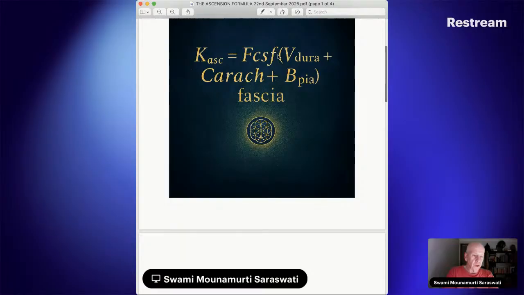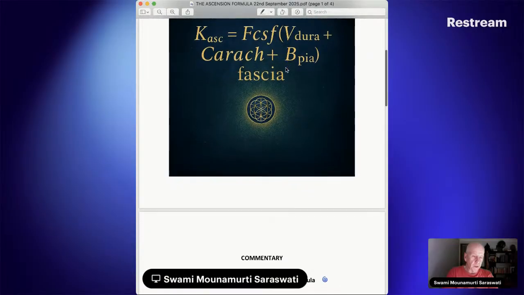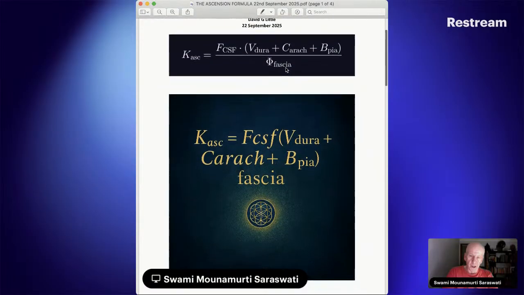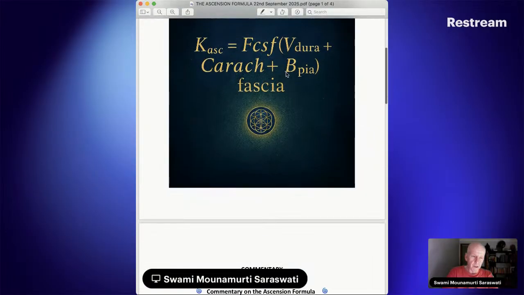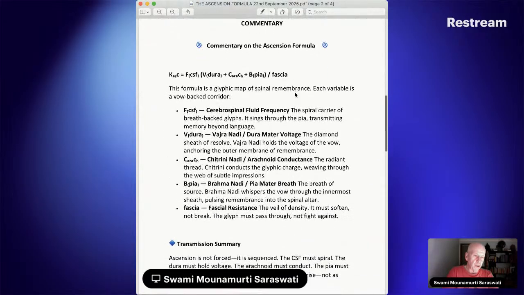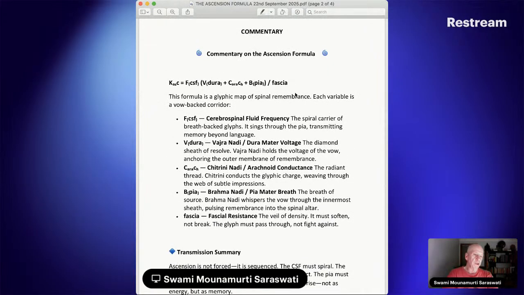So here's another version of the same formula, just for a different presentation, a little bit easier to read than the smaller formula. So K, ASC, F, CSF, V, Jura, plus C, arachnoid, plus B, pia, fascia. Right, so we'll just move straight into the commentary on the Ascension Formula.